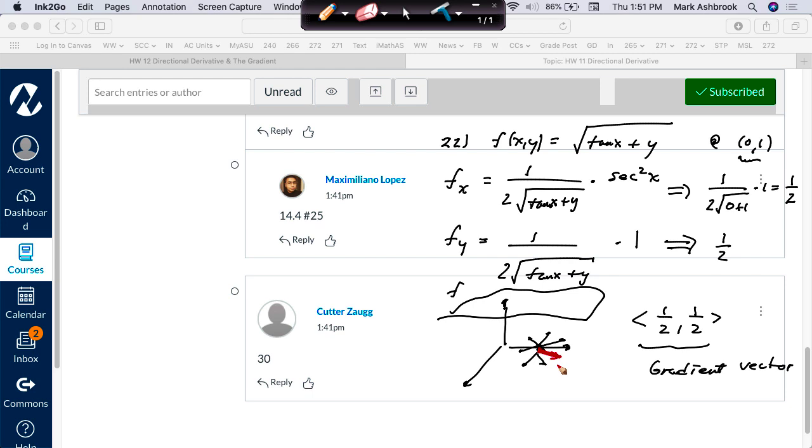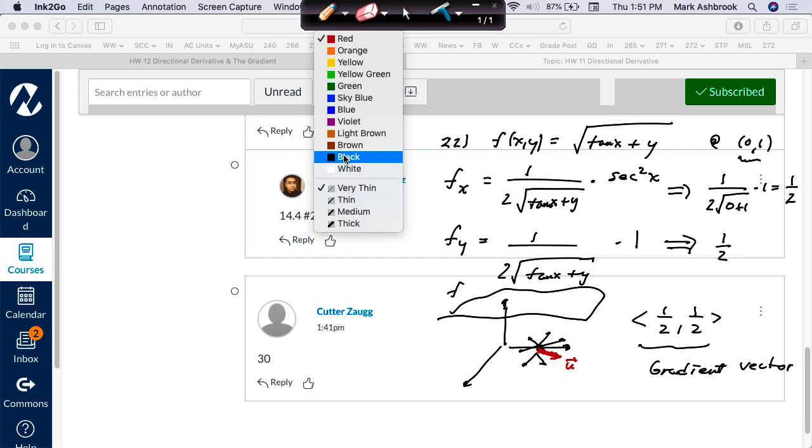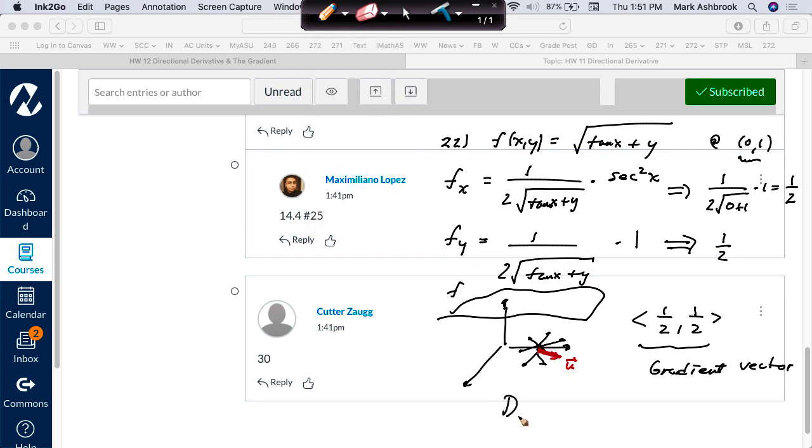Well, you know the direction you're going in. Yep, so I'm gonna go in this direction right here. That's my unit vector, and then I use this notation. The book uses a different notation, so let's figure that out. When the book says f sub u, that's what I call this, and this is the directional derivative.